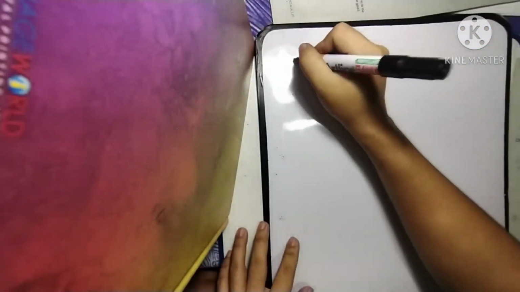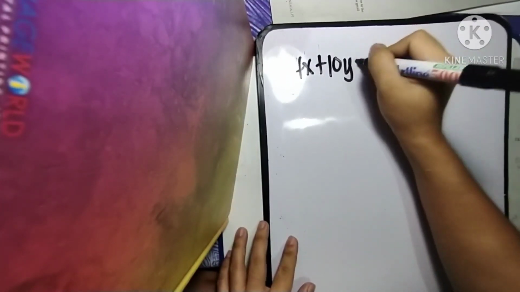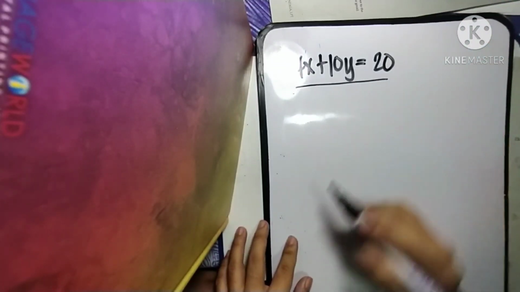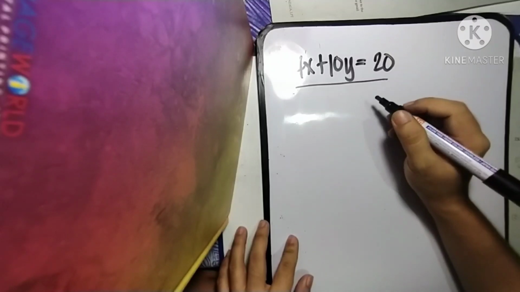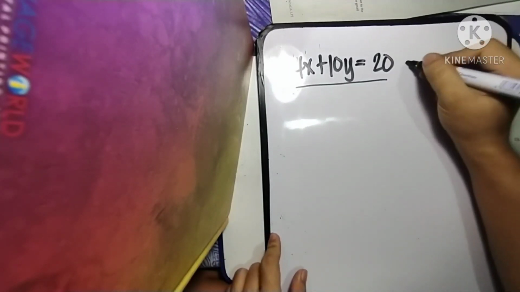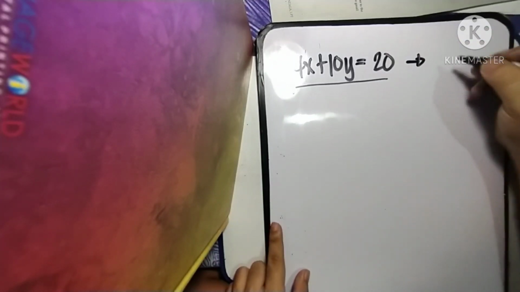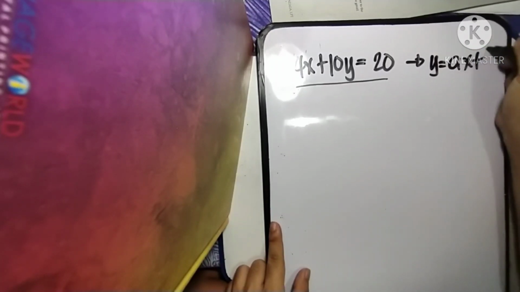Okay? So, the last example we have is 4x plus 10y is equal to 20. So, this is still written in the standard form of the equation, which is ax plus by is equal to c. Now, we need to rewrite this one to the slope-intercept form given by y is equal to ax plus b.